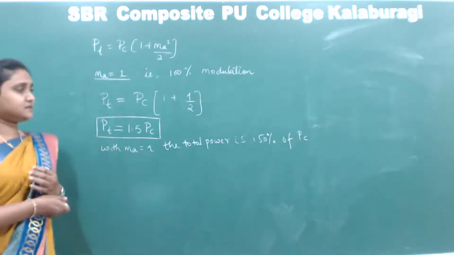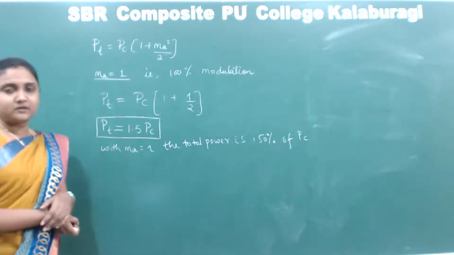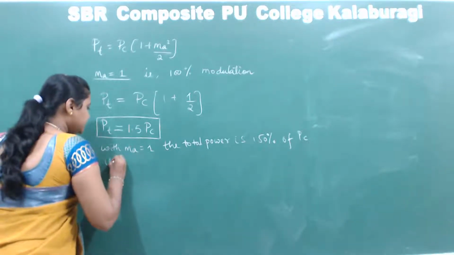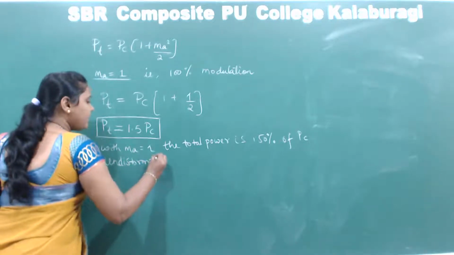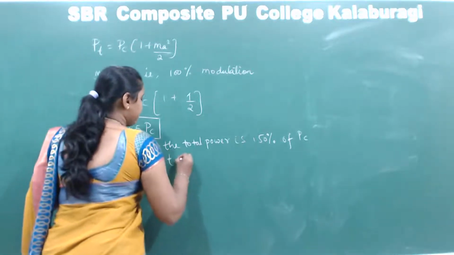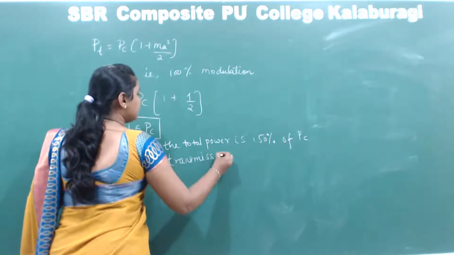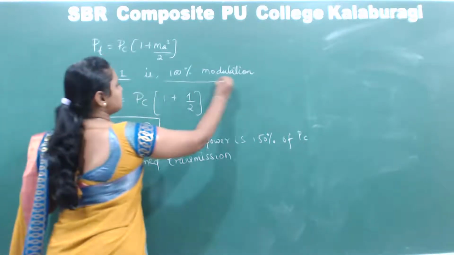Compared to the PC, the total power transmitted for the condition of MA is equal to 1 is 150%, that is for undistorted transmission. That is for the condition of 100% modulation.